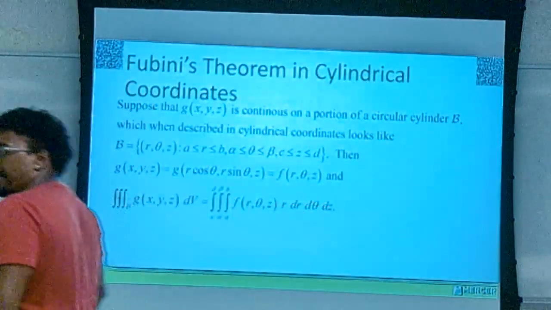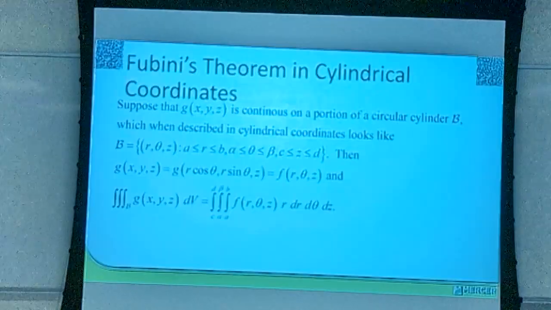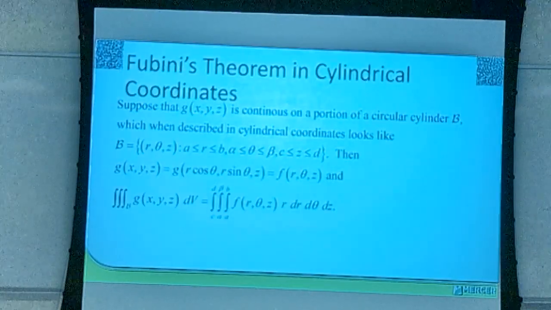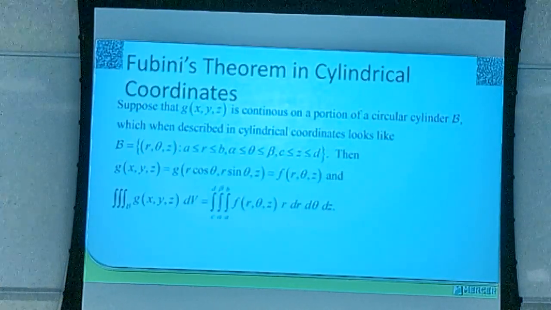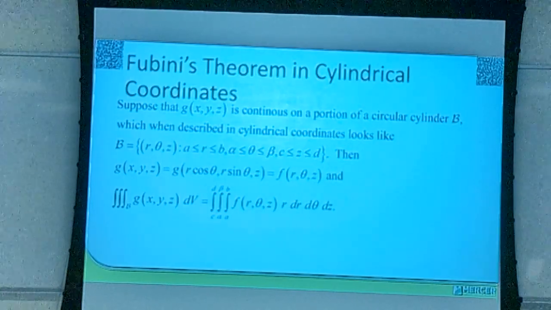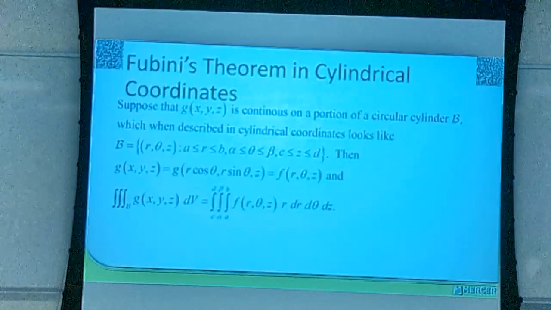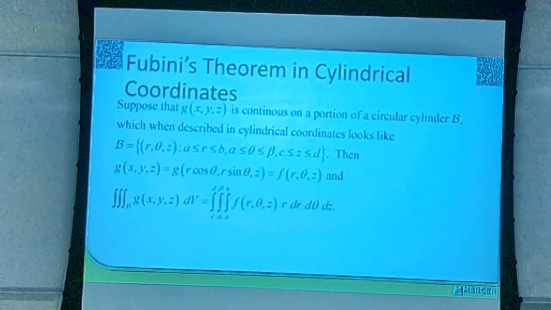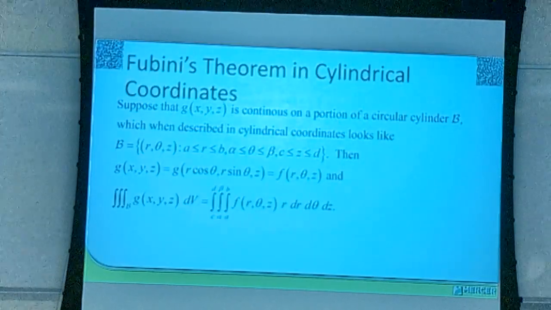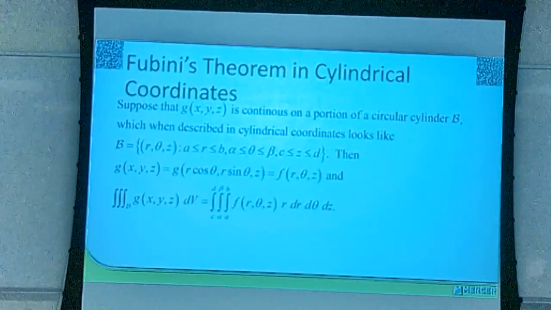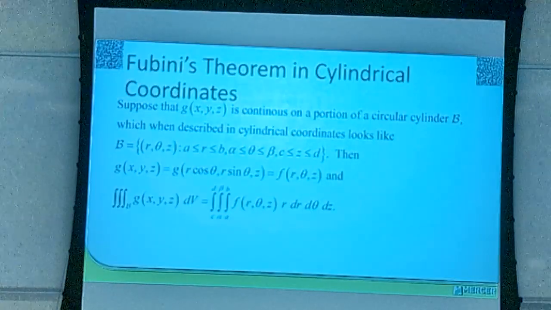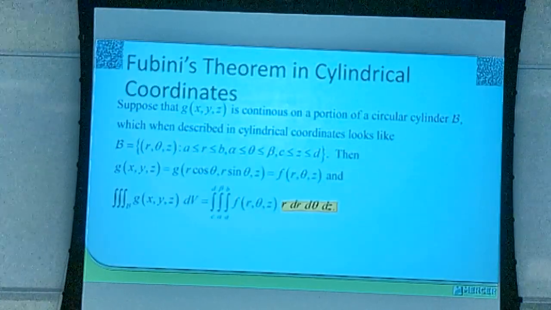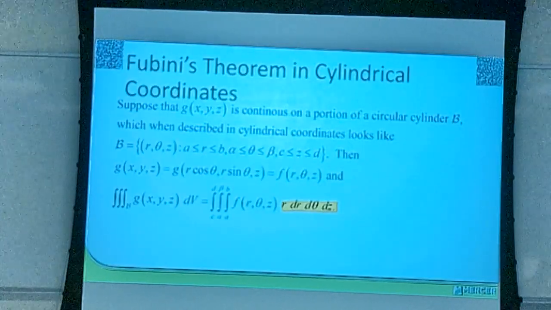Cylindrical and spherical coordinates. Here's Fubini's theorem in cylindrical. Again, notice, in cylindrical you get an extra r.